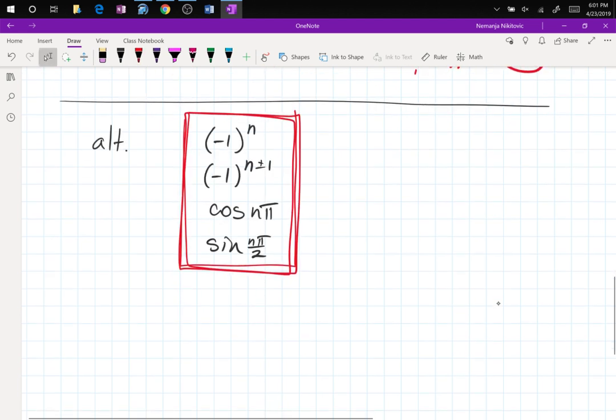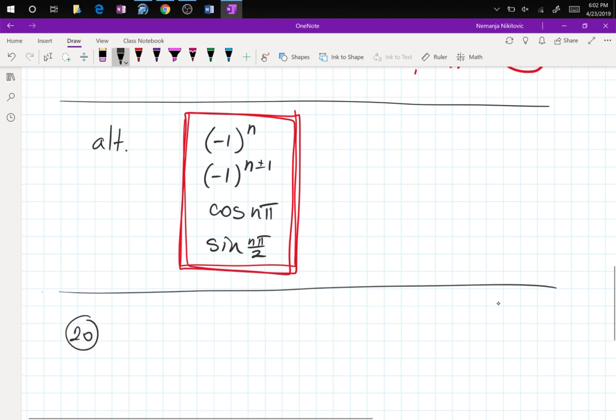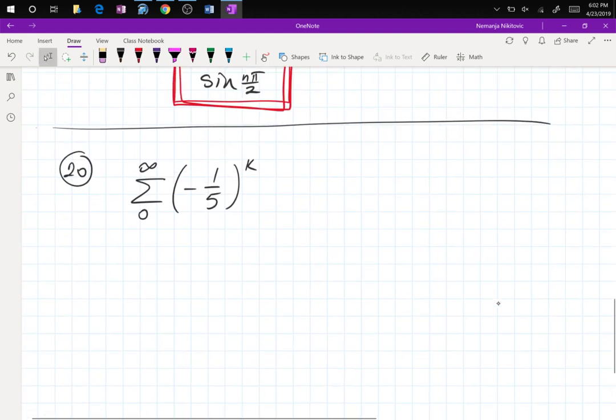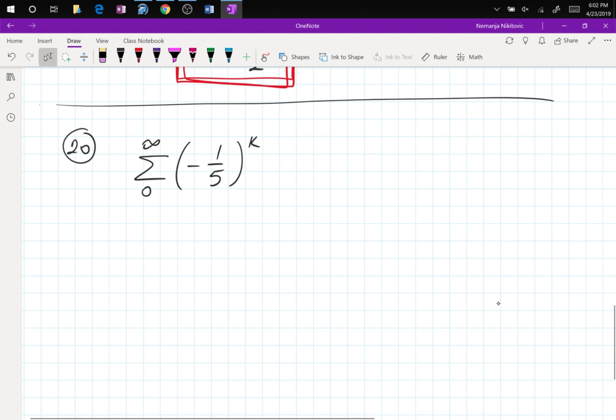So, problem 20 in the textbook gives you the summation from 0 to infinity of negative 1/5 raised to the k. What is this without the negative over there?